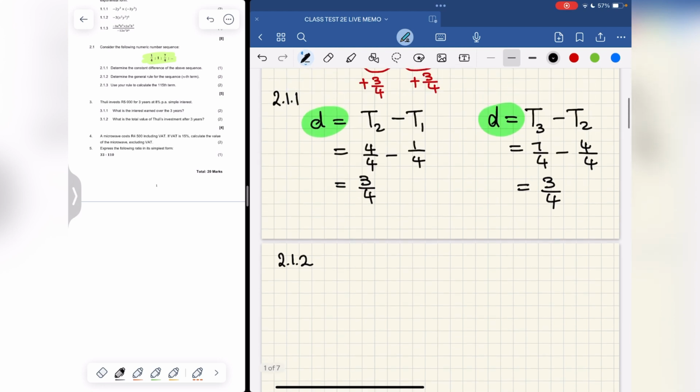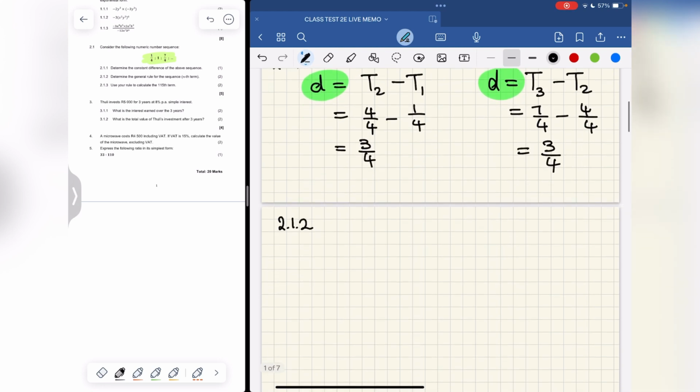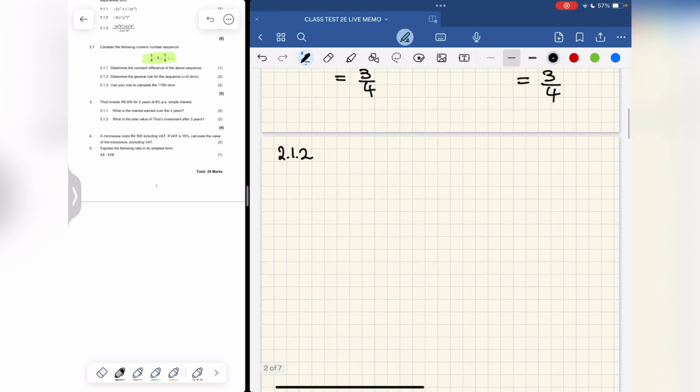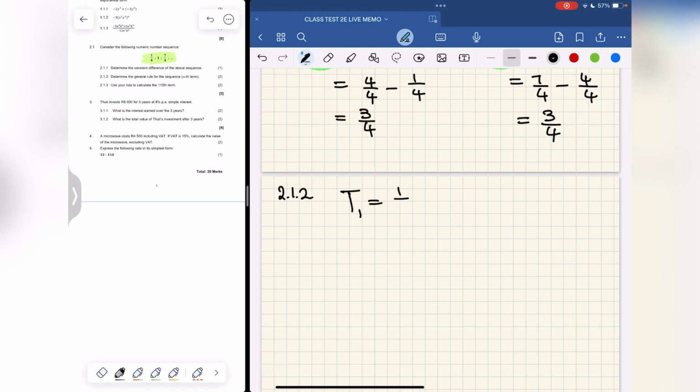Now we know that in our previous examples, we established a connection between the constant difference, in this case 3 quarters, and the term position. So we'll start with term 1 immediately. Term 1 is equal to 1 quarter. And we said, well, let's see how we can connect 3/4 to the term position.